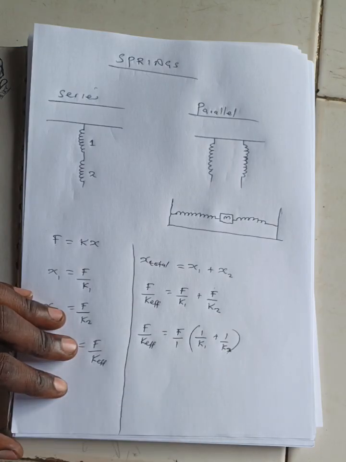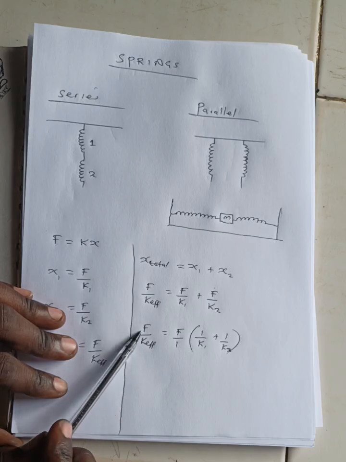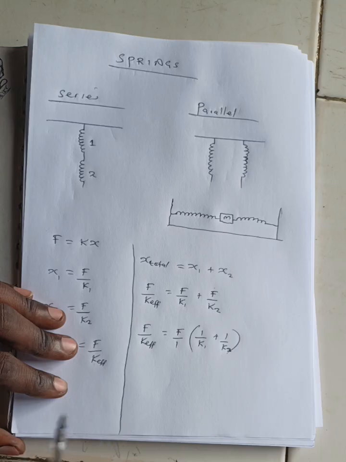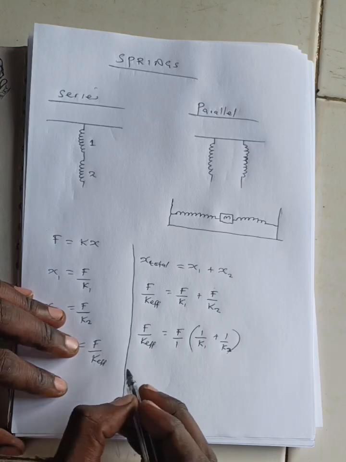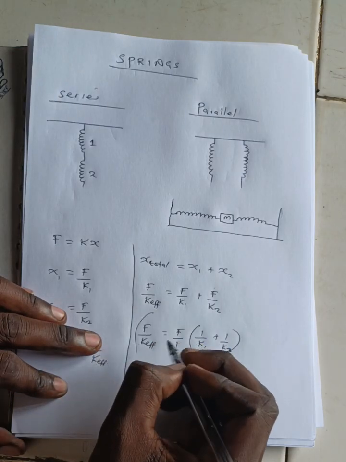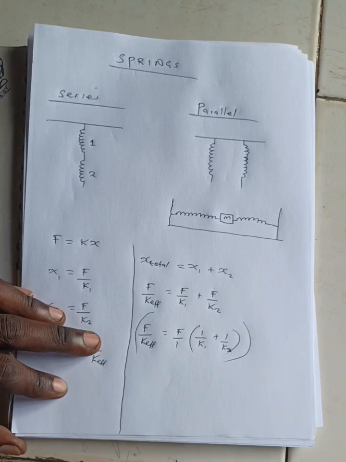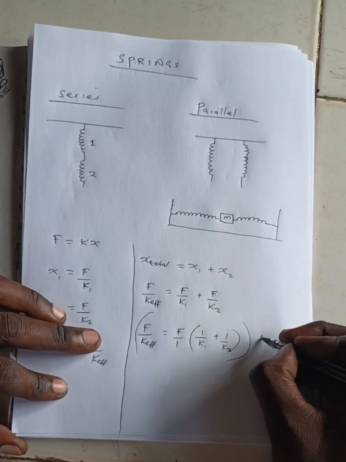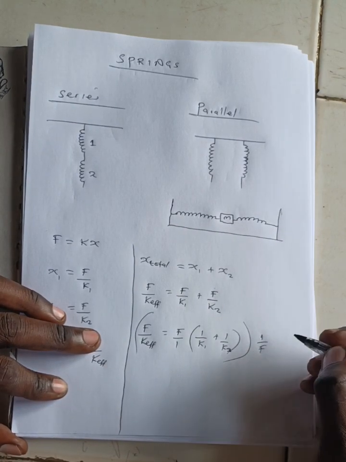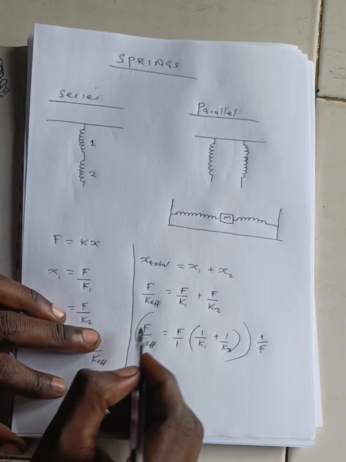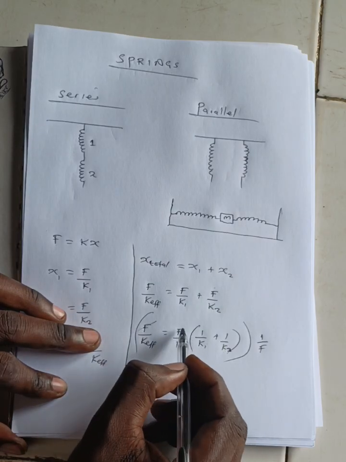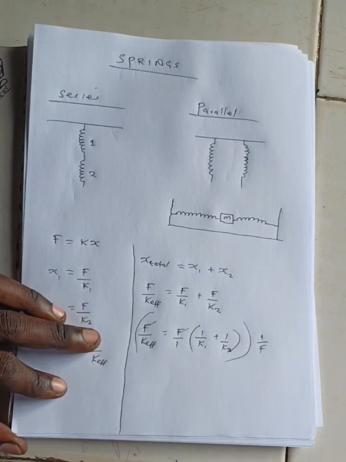This is K2. Then after that, since we don't want this force here, we want to get rid of it, we're going to multiply the whole thing, this side and that side, by 1 over F. When we do that, this F and that F will cancel.